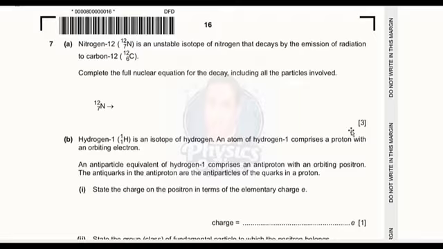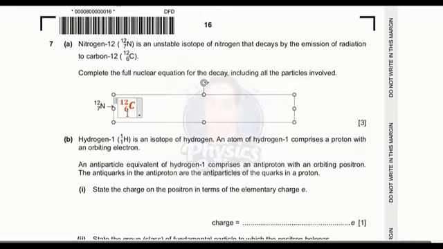Nitrogen decays to carbon, so let's write the carbon notation, C 6 12. What is happening here? 7 decreases to 6, which means emission of beta positive.